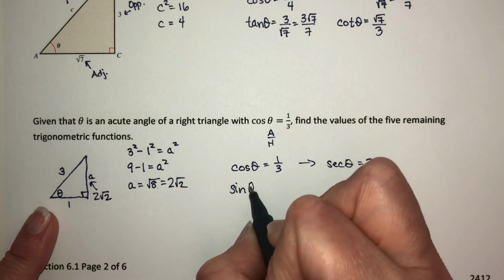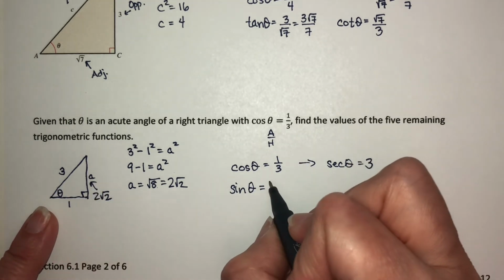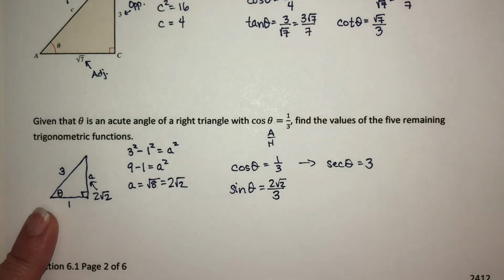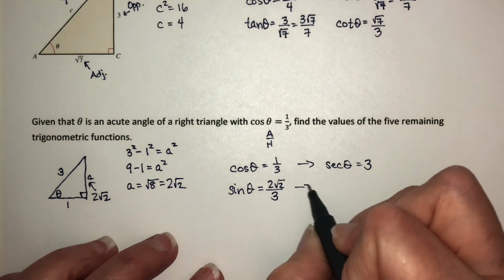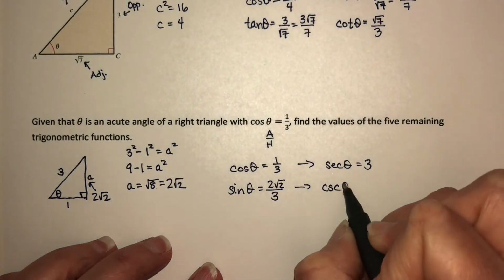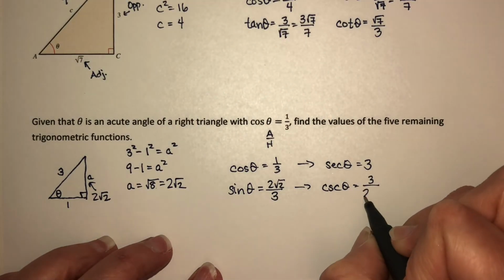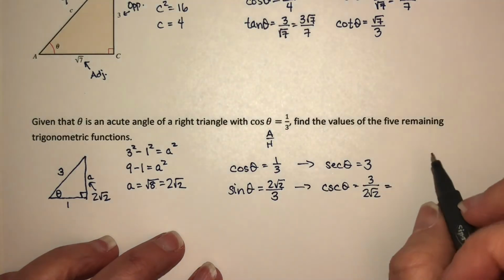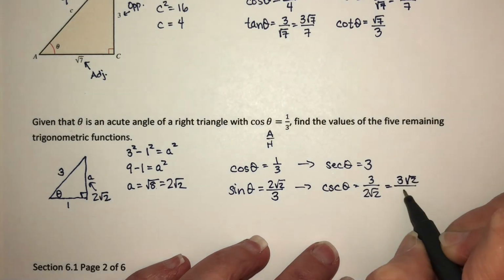Sine of theta is opposite over hypotenuse. So 2 square root 2/3. And then that means that cosecant of theta is 3 over 2 square roots of 2, which when you rationalize that gives you 3 square root of 2/4.